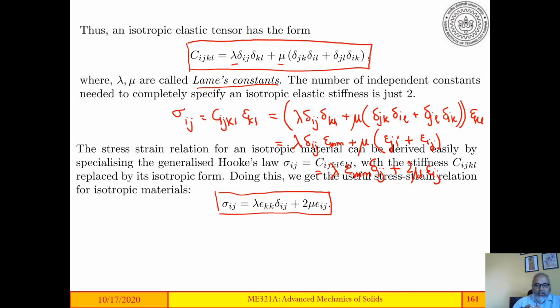Many polymers are isotropic. Many other materials are isotropic, though there are lots of non-isotropic materials, but most structural metals and polymers are isotropic at the level of small strains, and this turns out to be therefore a useful relation to analyze a whole lot of materials under a whole lot of loading conditions.